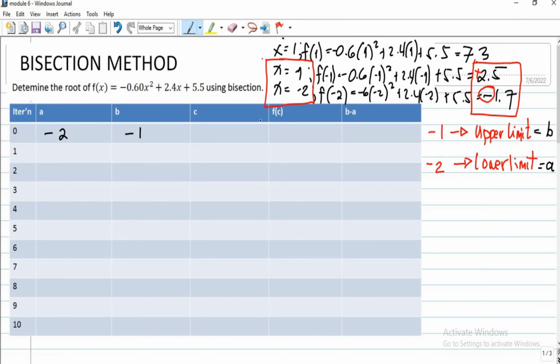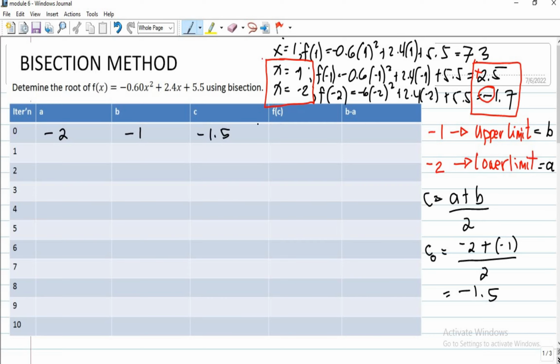Taking the C, again, in bisection method, C is equal to A plus B over 2. So, kapag kukunin natin yung C doon sa may iteration 0, that is equal to negative 2 plus negative 1 over 2. This is equal to negative 1.5. So, ngayon ang ating C, negative 1.5.